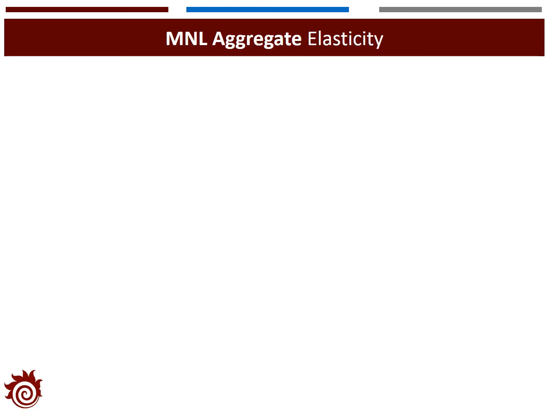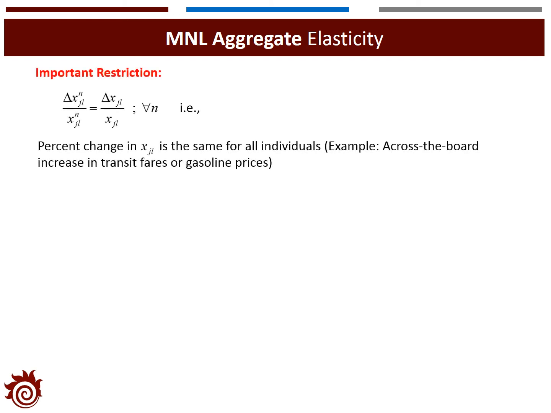Now let's see how we can apply the choice elasticity to get the aggregate elasticity. First, we will recall one important restriction. The expression here indicates that the percentage change in x_jl is the same for all individuals. For example, if we consider the transport mode and we increase the transit fare or the gas price, this will be applied to all the individuals in the transport system, which means the change in the attribute for each individual is the same as for all the others.